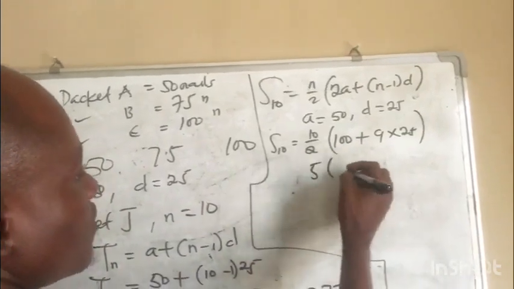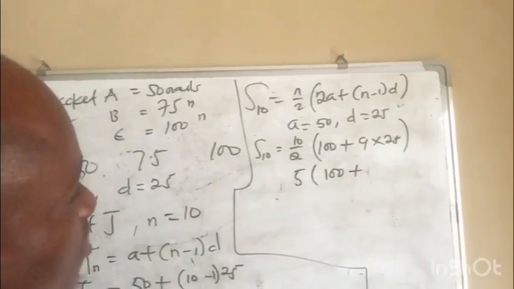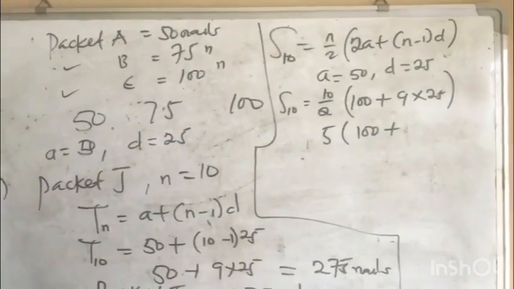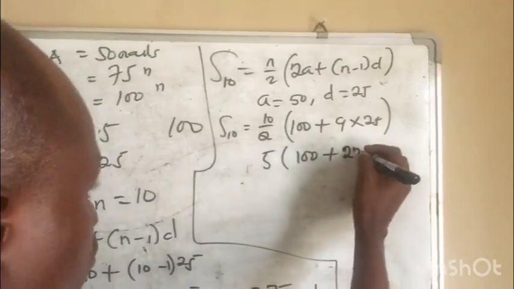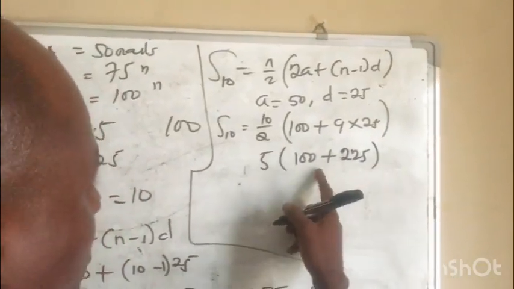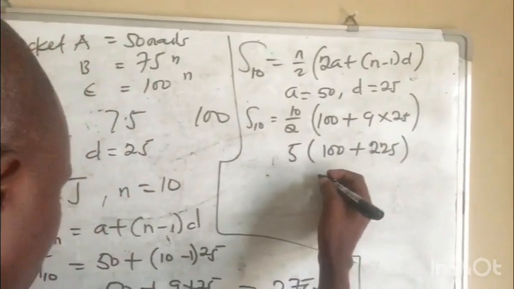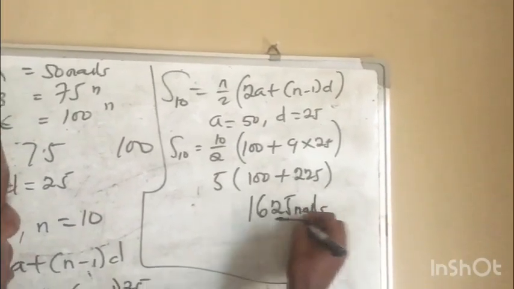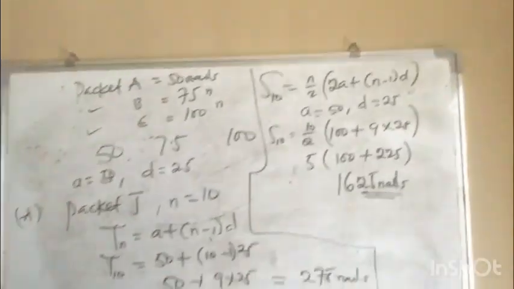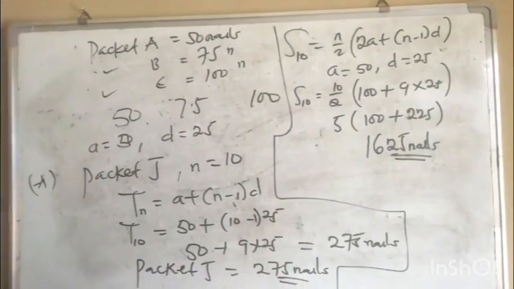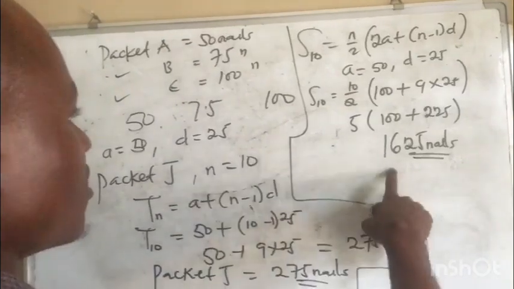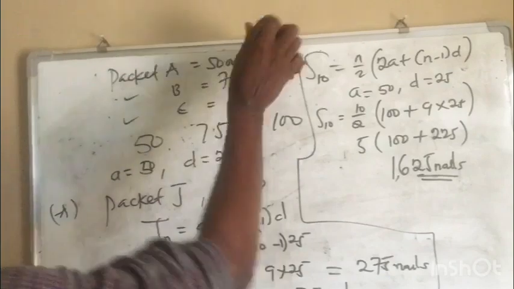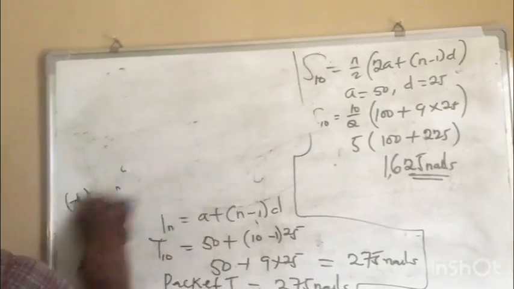So this will be 5 into bracket 100 plus 9 times 25, which is 225. If you add this, that's 325, and if you multiply it by 5, I have 1625 nails. So from packet A to packet J, the number of nails inside will be 1625 nails.